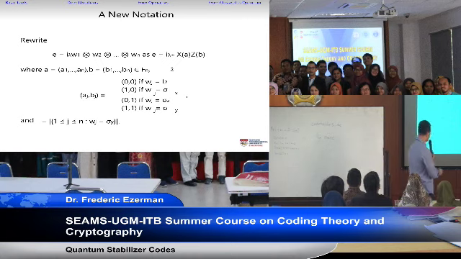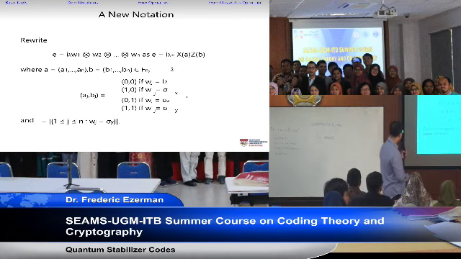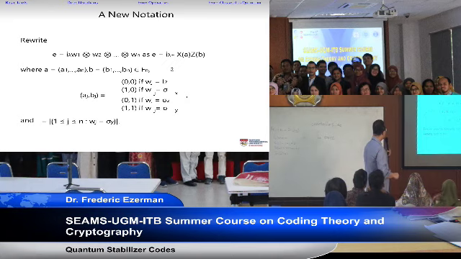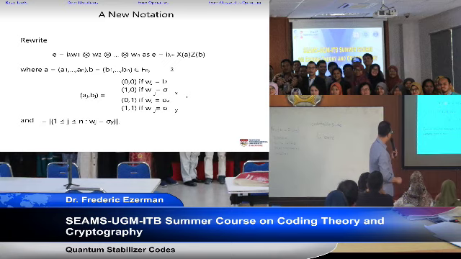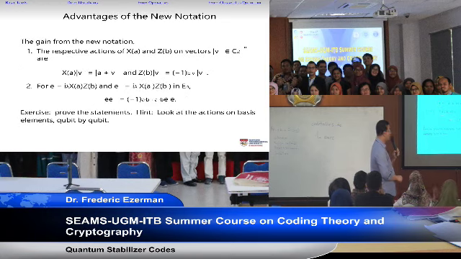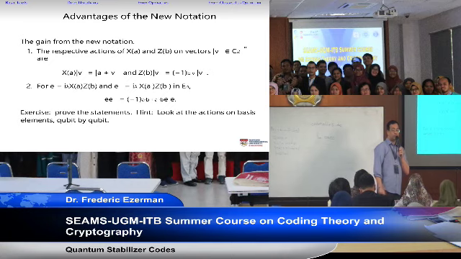Now the advantage of the new notation: the respective actions now become just this. For the set of operators that has the sigma x component, you just add them. If it has the z component, you just take -1 times the Euclidean inner product, and that's that. You can verify it easily actually.